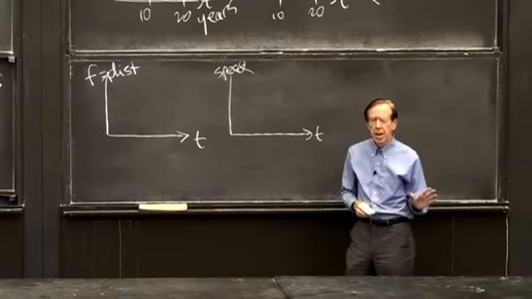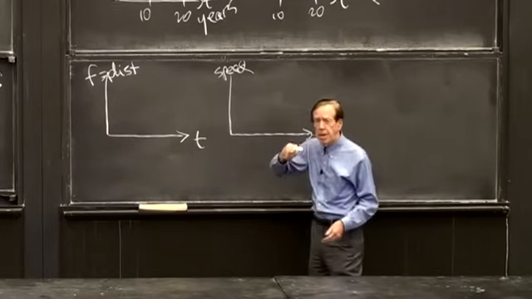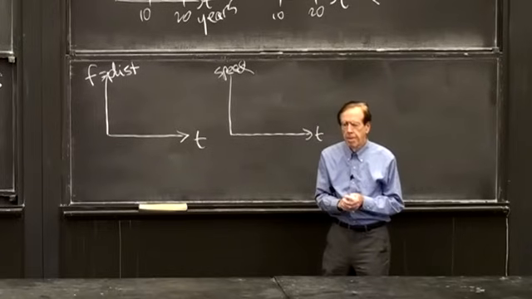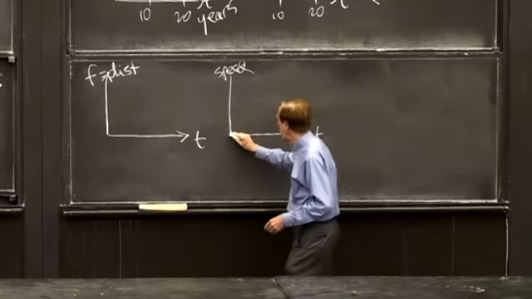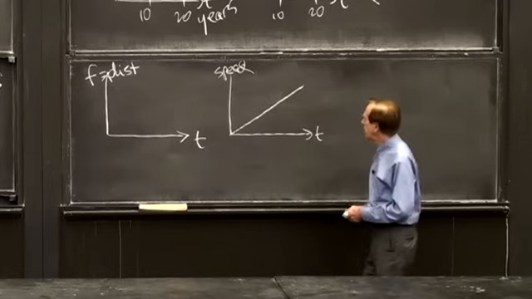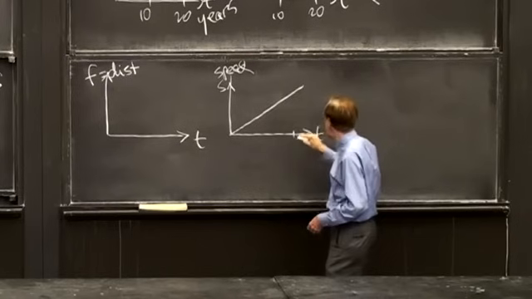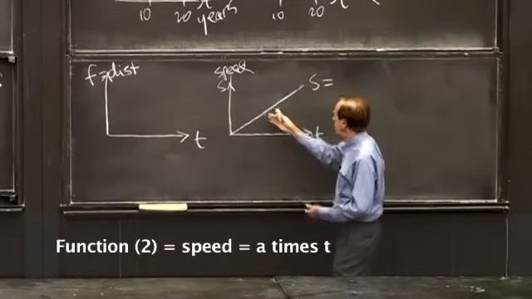And I'm going to take a case in which it's given by a formula. I'm going to let the speed be increasing steadily. Okay, so my speed graph this time is going to go up at a constant rate. So this is the speed s. This is the time t. So this would be s equals, s is proportional to t.